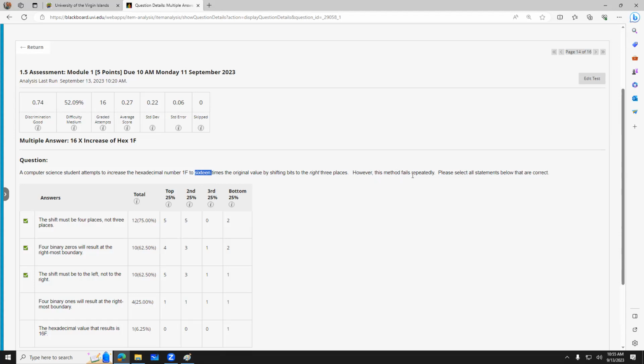It says, however, this method fails repeatedly. The shift must be 4 places, not 3. 4 binary zeros will result at the rightmost boundary. So if you actually take 1F and you shift it 4 places, you'll see this result is true. So you select that one. It says the shift must be to the left, not to the right. Those are the 3 answers that are supposed to be selected.